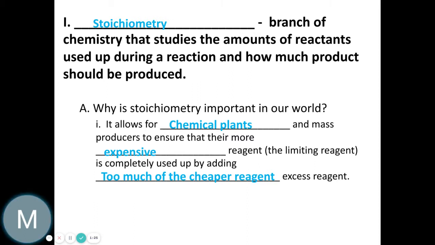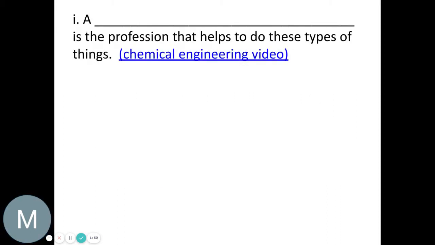So those are the big reasons as to why chemical engineers and plant operators in a chemical plant are paying attention to the mathematics of a chemical reaction. They want to keep the boss happy and use up all of the expensive reagent and make sure to have a lot of that cheaper one left over. So, what else? For a chemical engineer, this is the profession that helps them to do these things.